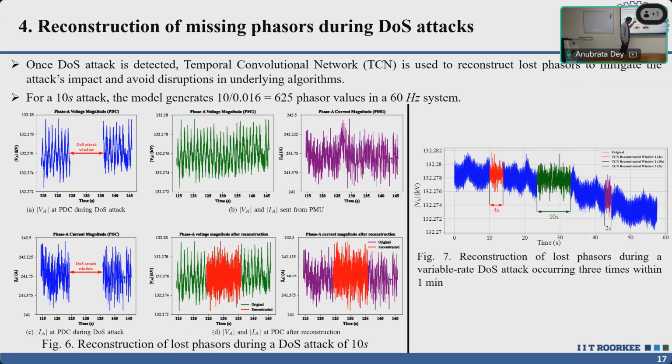I have shown how you can reconstruct it if you have voltage phasors, and if you have current phasors. If you have, for example, multiple DOS attacks, let's say for 4 seconds, 10 seconds, 2 seconds, those also you can reconstruct using such techniques. You can generate the missing phasors at each interval for a specific period of time.